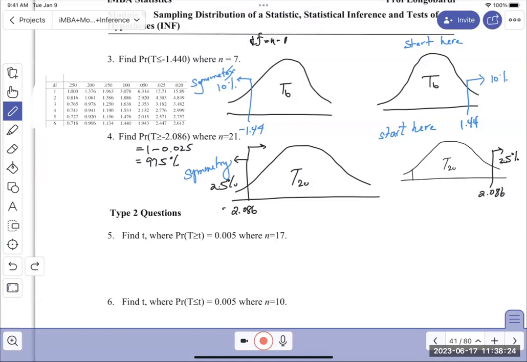The other way to do it is to see that if I change the sign and the direction, that's the other point to make.